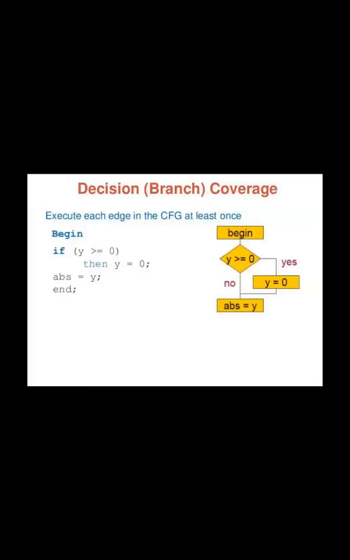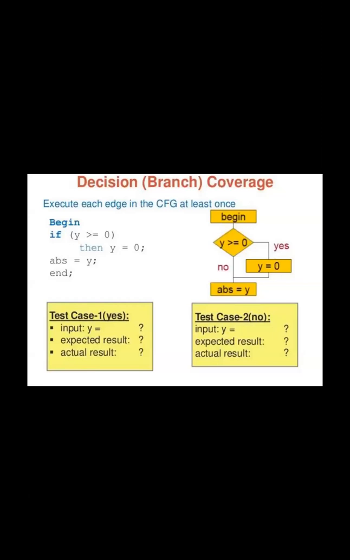Here we take an example where we are taking a decision based on the branching. The line of code is: if y is greater than or equal to 0, then y equal to 0, else y equal to -y. The corresponding flow graph is drawn for our understanding. Then we identify the values for y, the expected result and the actual result.